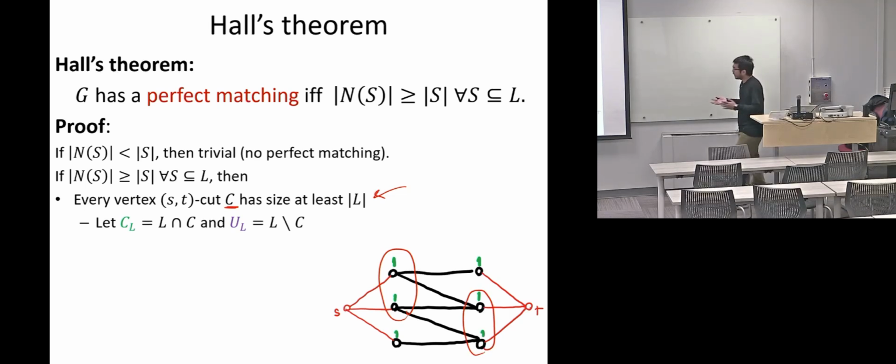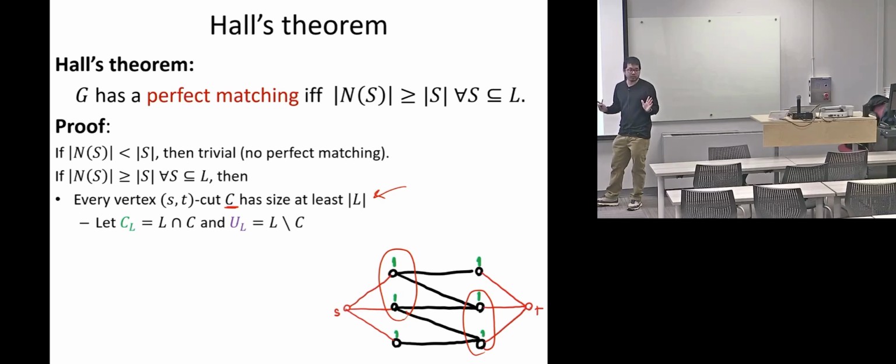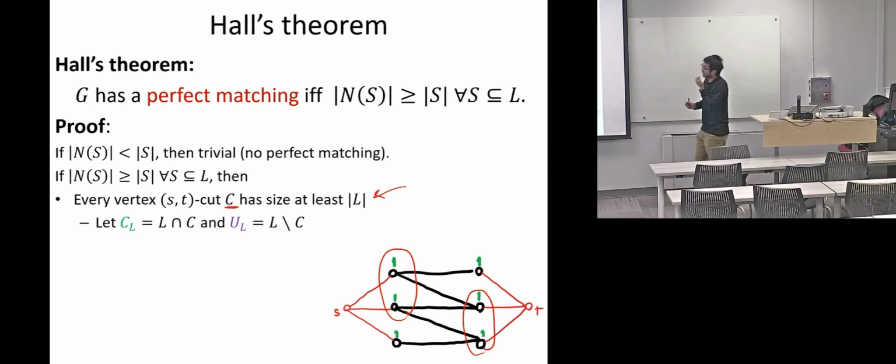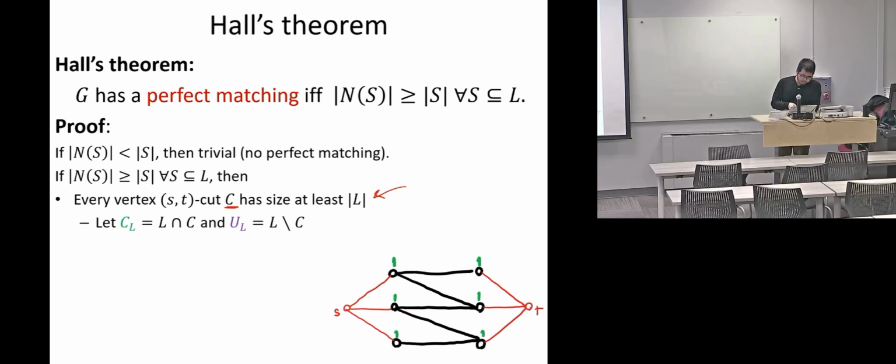It's just a set that doesn't have S and T, and once you remove it, it disconnects S from T. Okay, so this is some vertex cut C.